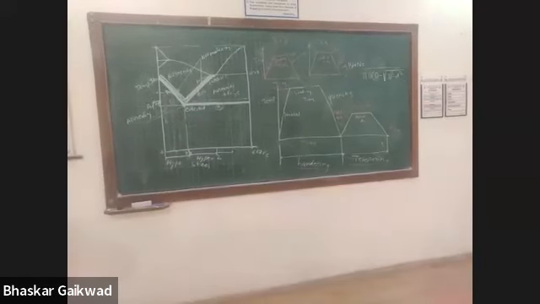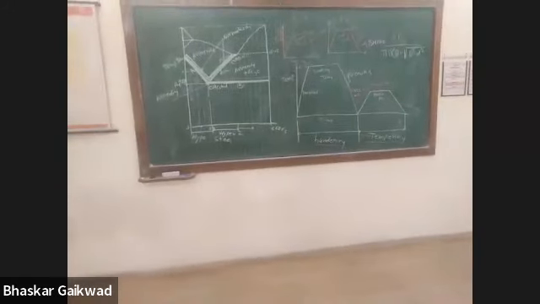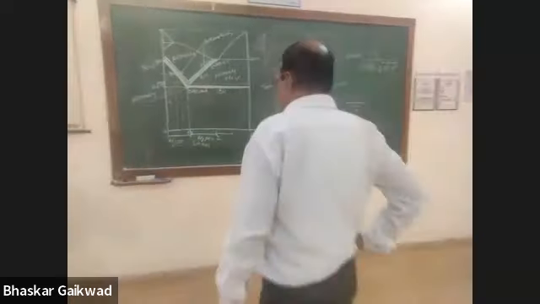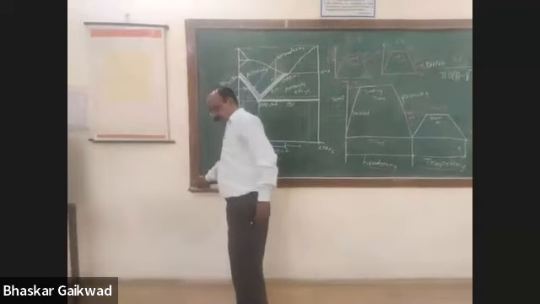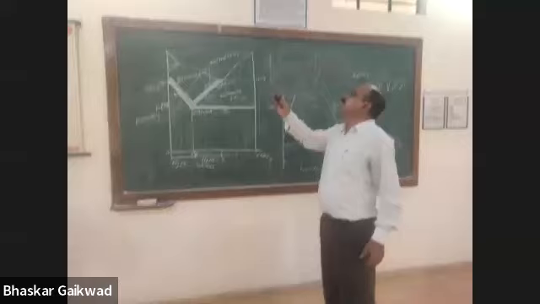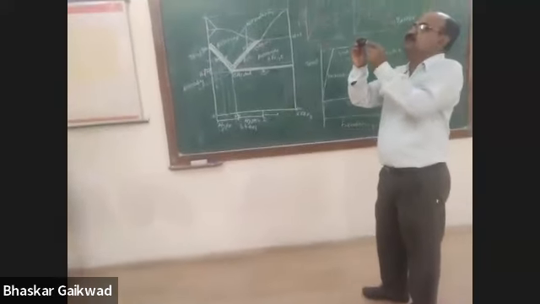Okay, now lastly I will show the procedure for BHN. I have got one workpiece, this is the workpiece in my hand. I want to check the Brinell hardness number.